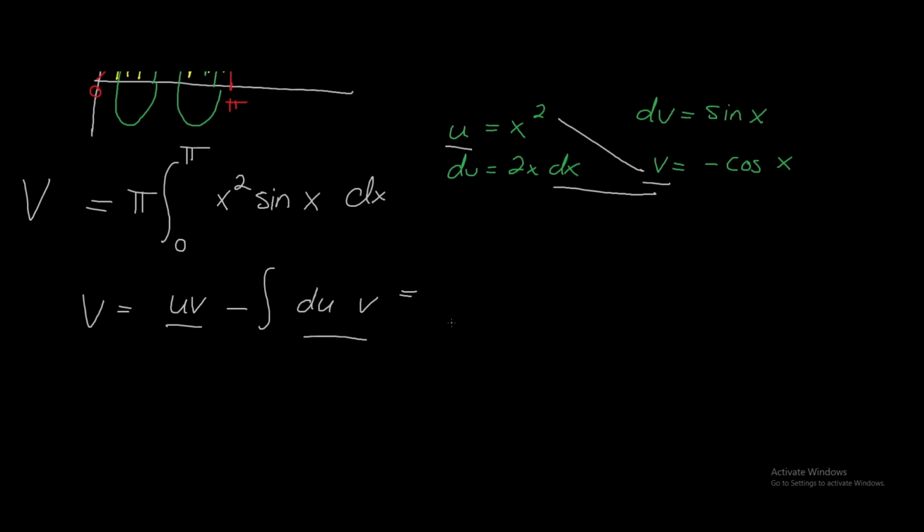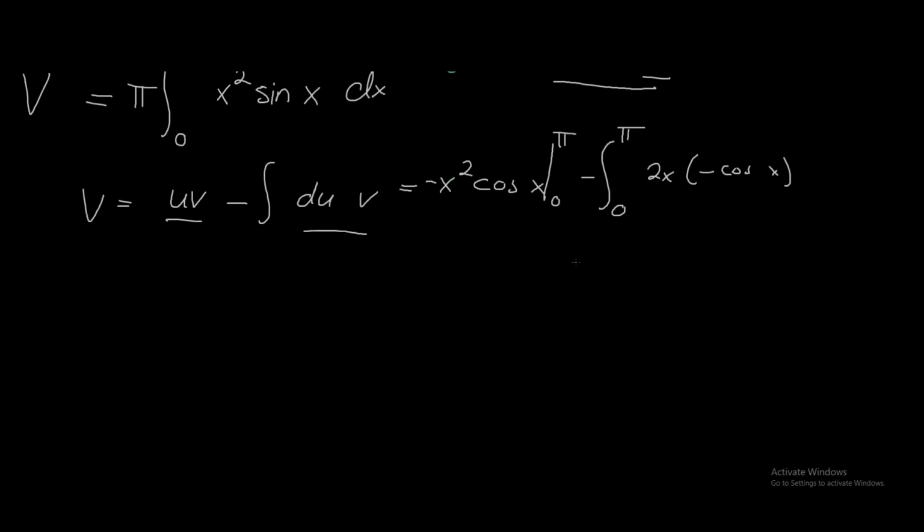So if we plug in for u and du and v, we are going to get negative x squared times cosine x minus the integral from 0 to pi of 2x times negative cosine x. And then just this first term here also needs to be evaluated from 0 to pi.